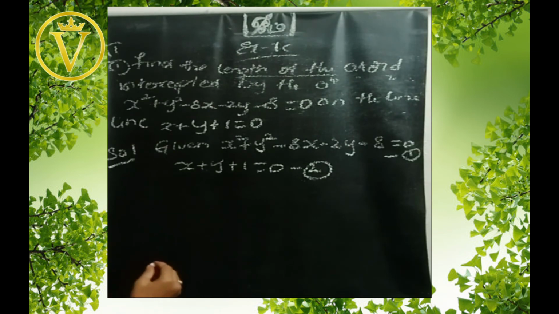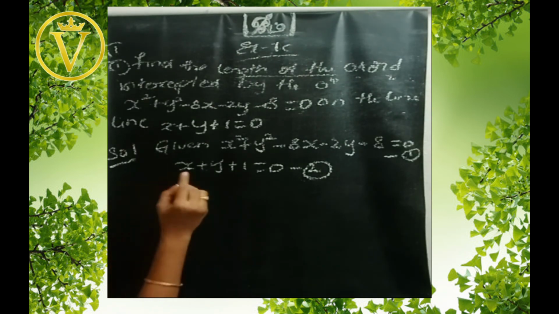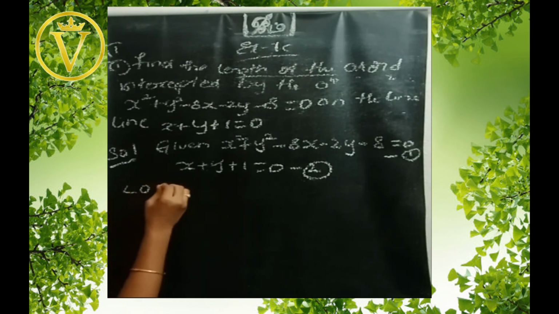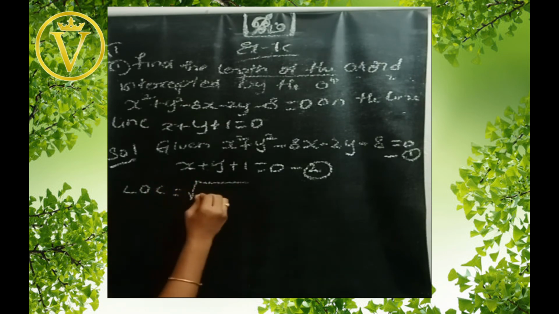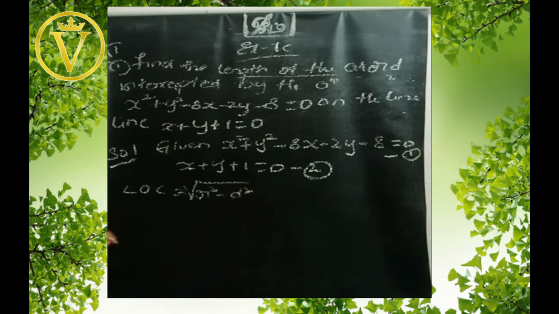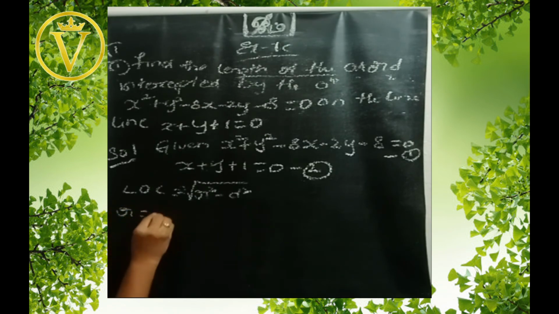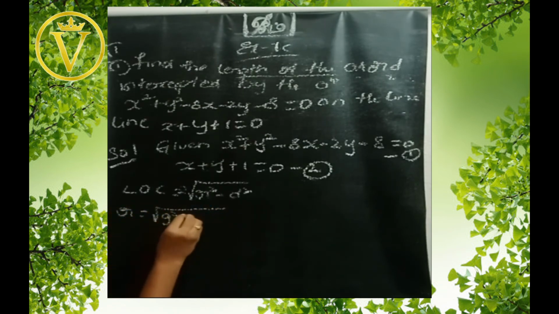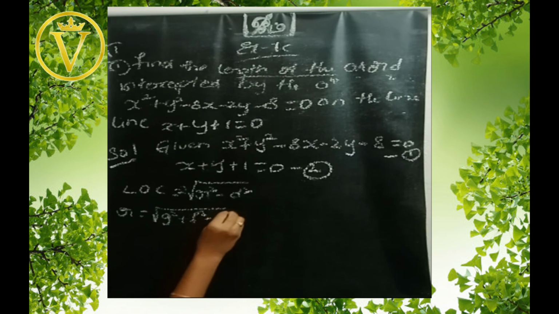Now we have to find first the length of the chord, which means 2 into root of r square minus d square. So first we have to find r square, that means r equals root of g square plus f square minus c.